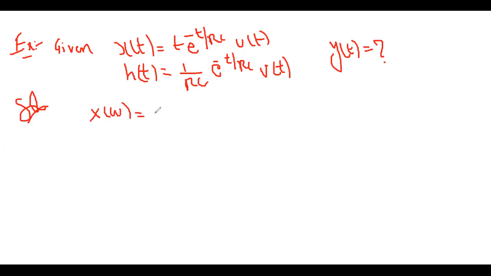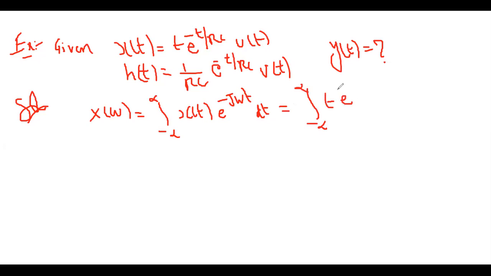X(omega) is the integral from minus infinity to infinity of x(t) e^(-j omega t) dt, which is the integral of t e^(-t/RC) u(t) e^(-j omega t) dt, and change the limits to 0 to infinity.